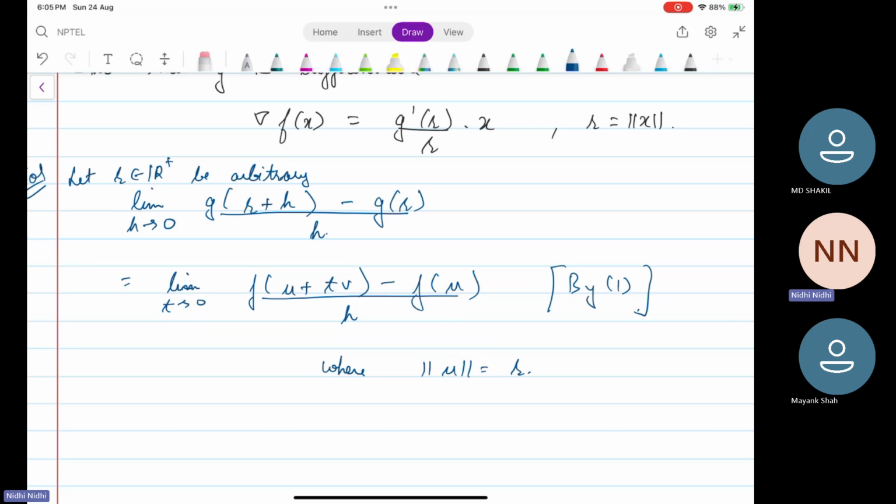And obviously, we can always find some v such that the norm of u plus tv can be taken as close as we want to the norm of u, which is r. So I can take this to be r plus h. Basically, we are taking t tending to 0. Eventually, this norm will converge to norm u. Similarly, here, when we take h tending to 0, instead of t, here we can take h.